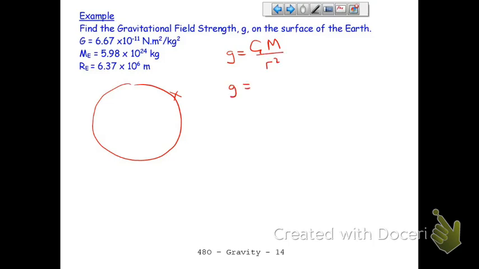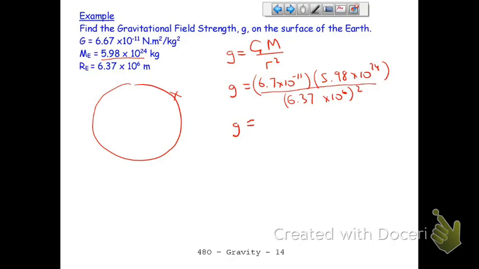So G is equal to 6.7 times 10 to the minus 11 times the mass of the Earth. Well, I'm given the mass of the Earth, 5.98 times 10 to the 24, over the radius of the Earth, 6.37 times 10 to the 6, but that's got to be squared.